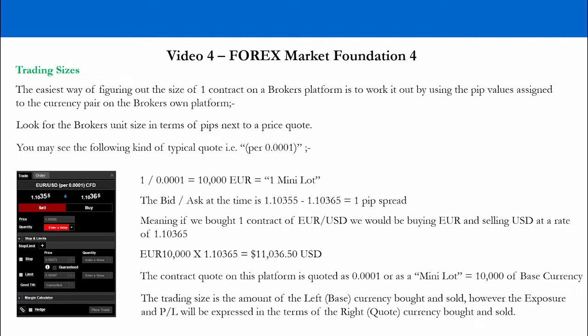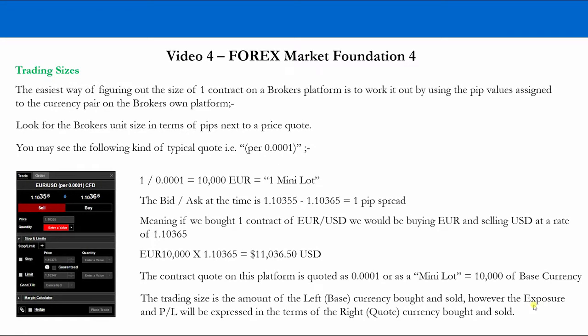However, the exposure and P&L that you'll see on the trading platform, and this is another convention that you need to make sure you understand, is going to be expressed in terms of the currency on the right. So that's how you work out a trading size on a broker's platform, and that's pretty universal. So you can apply that on pretty much any platform in the world.